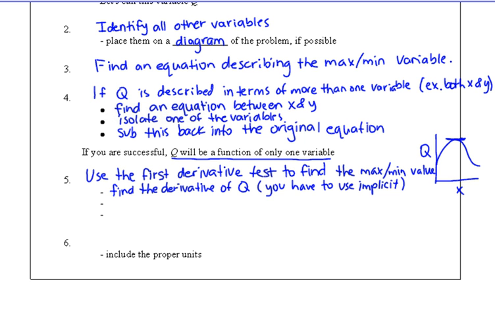Find the critical values. So that's when our derivative is equal to 0 or undefined. But we want specifically 0, right, for a max min. And then find absolute max or min. And state your answer in words is the last step.